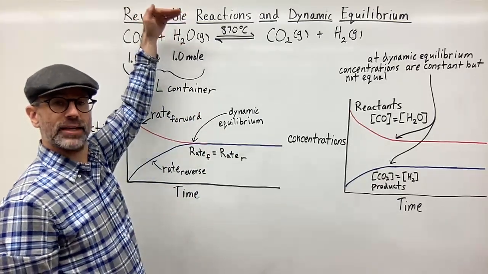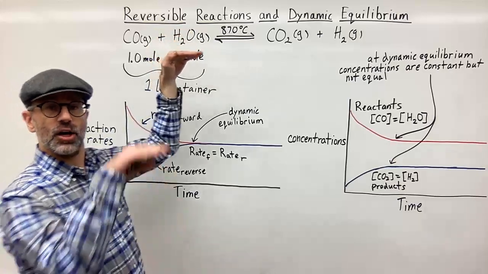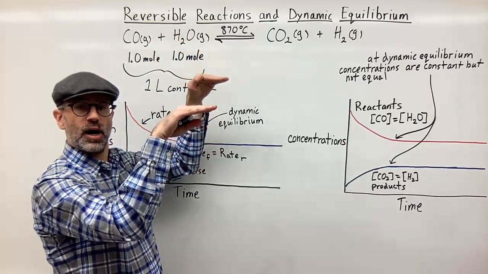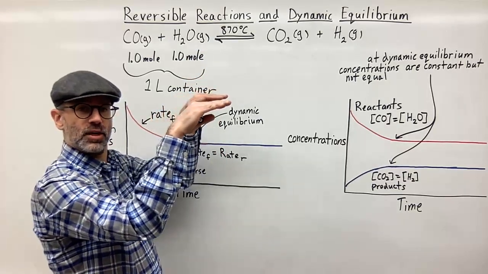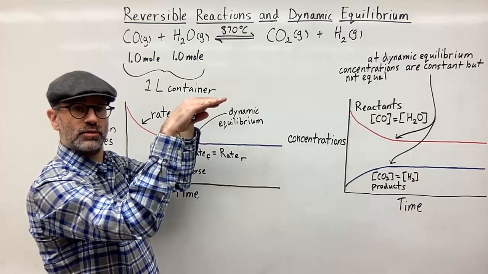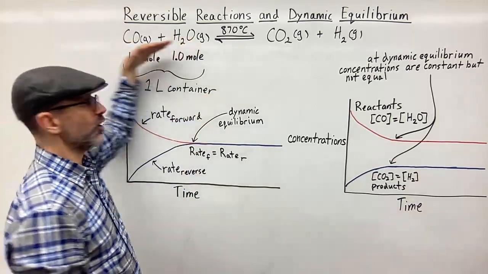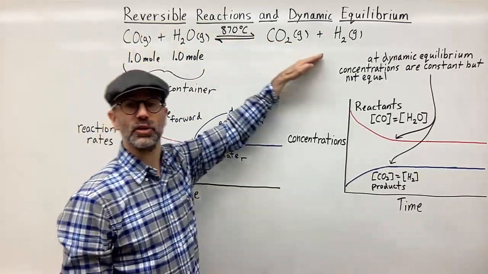Well, the rate of the forward reaction is going to go down. The rate of the reverse reaction is going to go up until the rates are equal. So now the rates are equal. And so at that point, you're going to have an equal amount of products being formed.